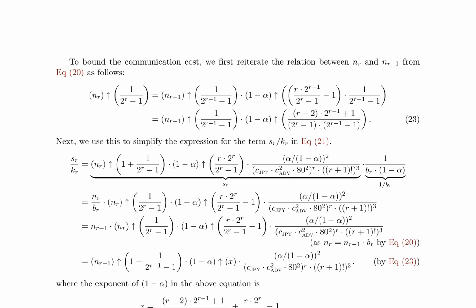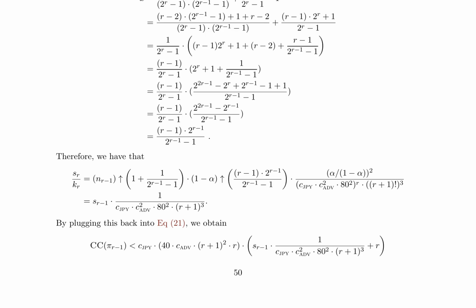The communication cost cc(pi_{r-1}) is then bounded using the relation between n_r and n_{r-1} from equation 20. By simplifying the expression for the term s_r, it is shown that cc(pi_{r-1}) is less than s_{r-1}, which contradicts the inductive hypothesis.